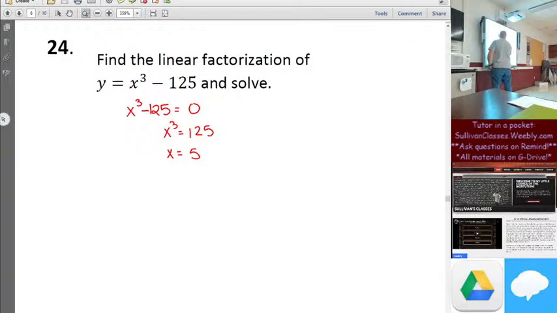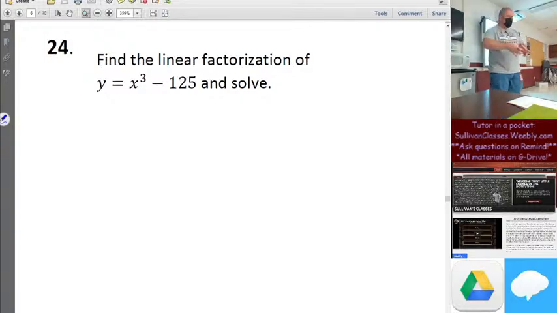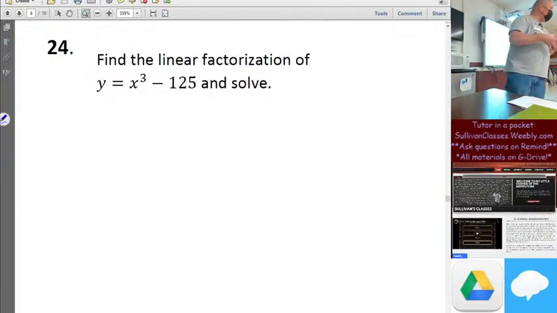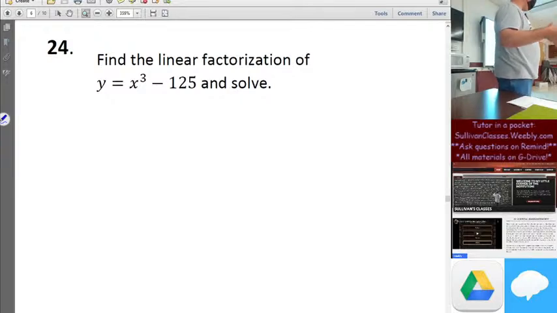No. There was something called a difference of cubes. Y'all remember there was a big honking chart somewhere in chapter 5, like somewhere between section 5.3 and 5.6? There's a big honking chart that had all the different ways that you can factor. Find it. Had all the different ways you could factor.